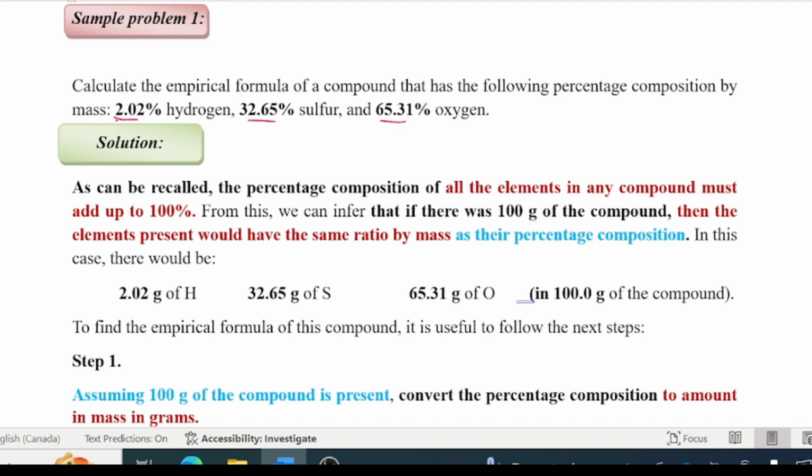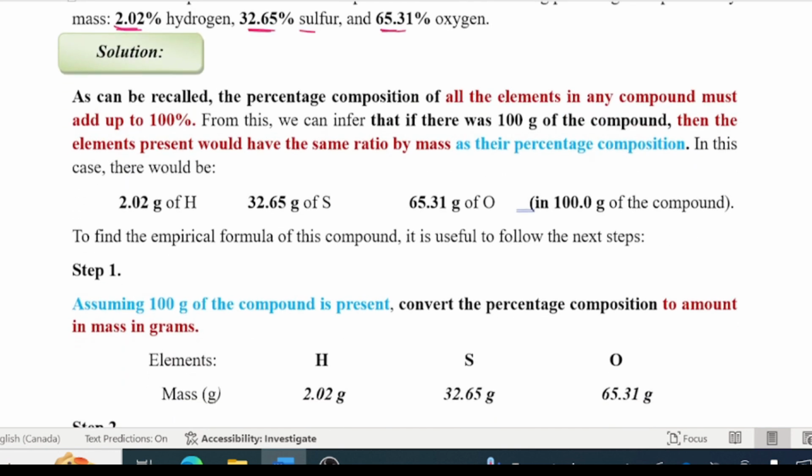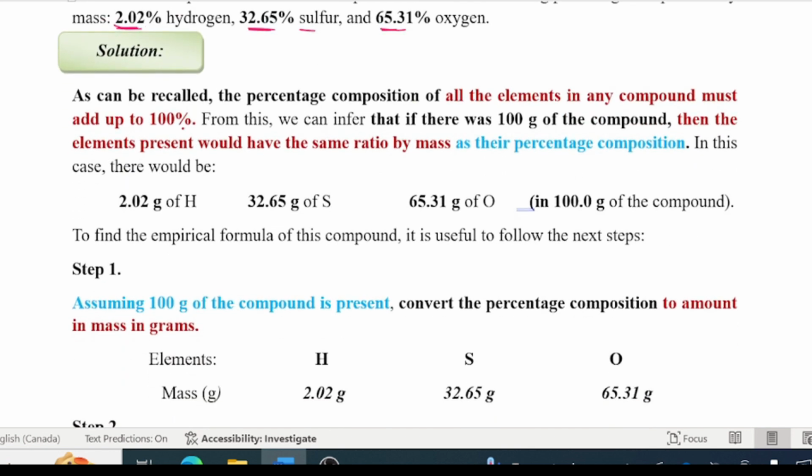What this means in a different way is that if you have 100 grams of this compound, you will have 2.02 grams of hydrogen, 32.65 grams of sulfur, and 65.31 grams of oxygen. So the first thing you do when you're given a problem like this, you change percentage composition to mass of each in grams.